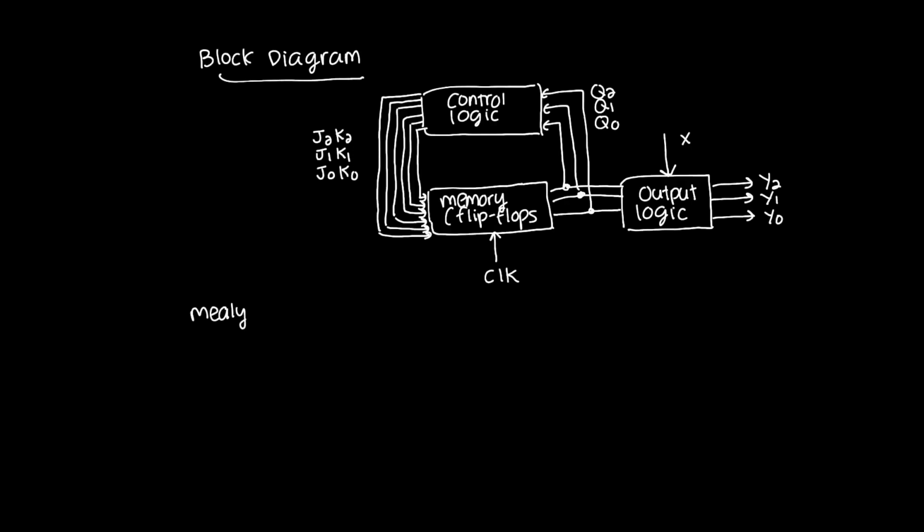This is different from a Moore machine. What distinguishes a Mealy machine from a Moore machine is simply the presence or absence of any input to the output logic block. In a Mealy machine, to be clear, I can have conditional transitions, transitions that are conditional on some input.